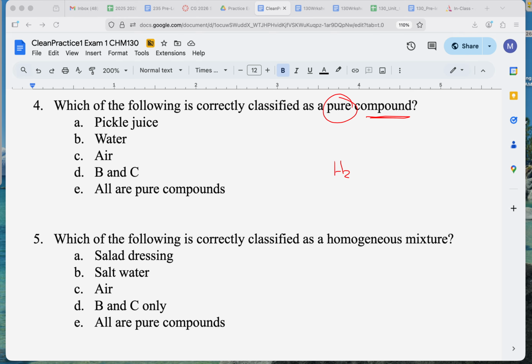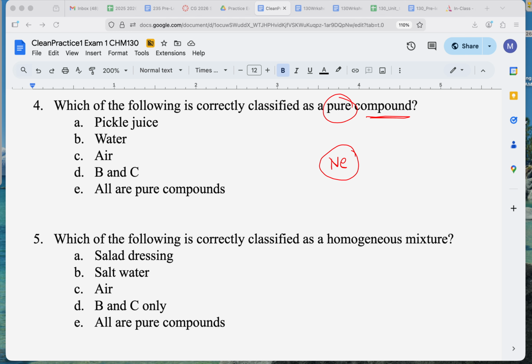Let's not pick hydrogen gas because that starts to ask other questions that I don't think we're ready to answer yet. Let's look at a sample of neon gas. If I just had neon in a tube, I could look at that as a pure sample, because the only thing present in there is neon. It's isolated from everything else.